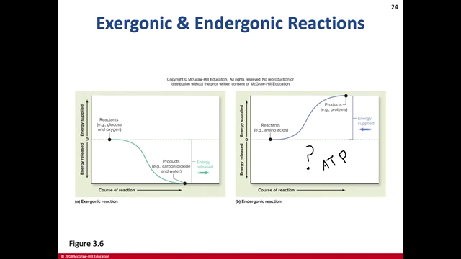A good example would be your car driving uphill, right? If you just had an empty tank, and you parked your car at the bottom of the hill and you release the brake, your car is not going to roll up the hill. Y'all know that, right? But you can drive your car up the hill by doing what? Putting gas in the tank, turning the ignition key, then pressing on the accelerator pedal.